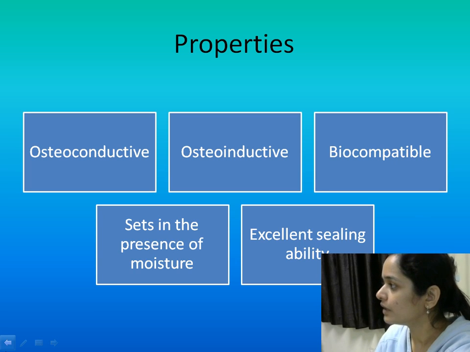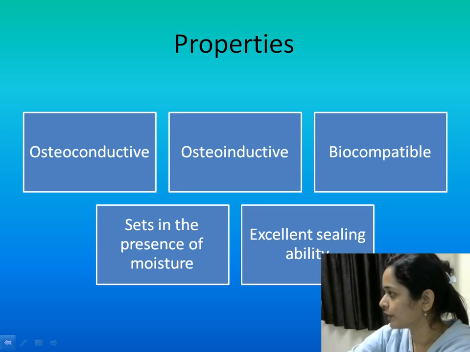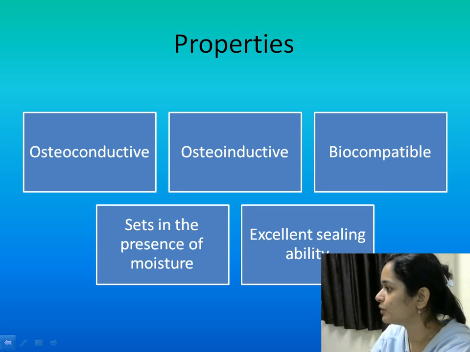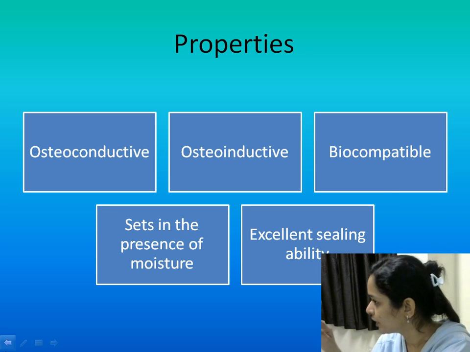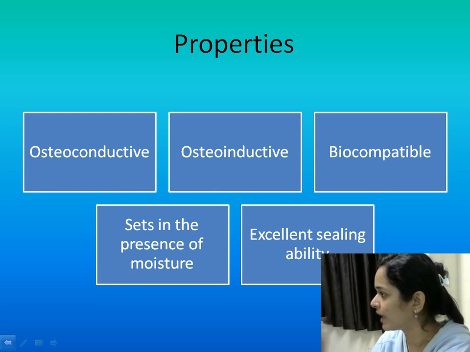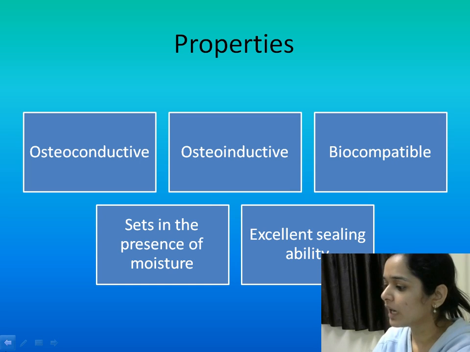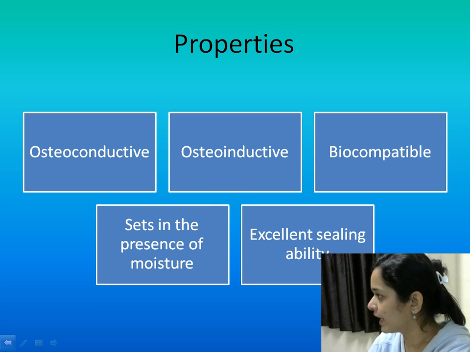What calcium ions will do is activate alkaline phosphatase. What OH minus will do is raise the pH to 12.5 and neutralize any acidic products of bacterial origin, and it will sterilize the site. Now, alkaline phosphatase is already activated.